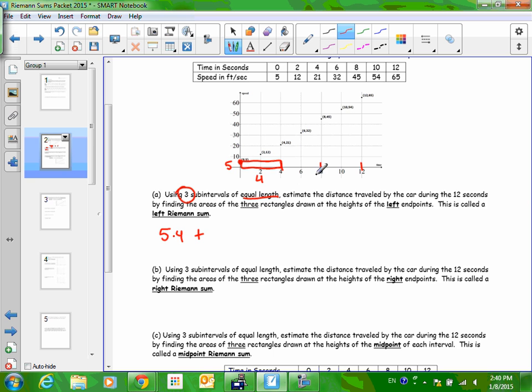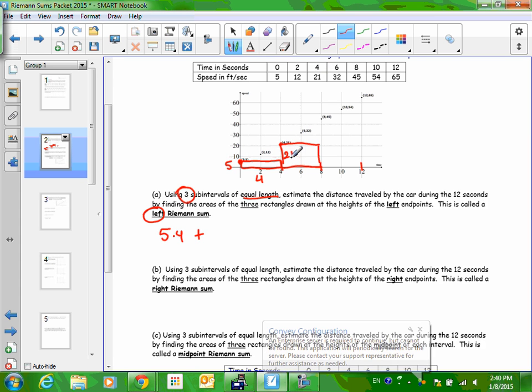Now, in my next little rectangle, I have 3 new points to choose from. And remember, this said left. So out of these 3, I am going to pick the left point to tell me how tall my rectangle should be. So there's my rectangle right here. How tall is this second rectangle? 21. Again, if you couldn't read that, you could look up here and say, when time is 4, speed is 21, that's that height right there.